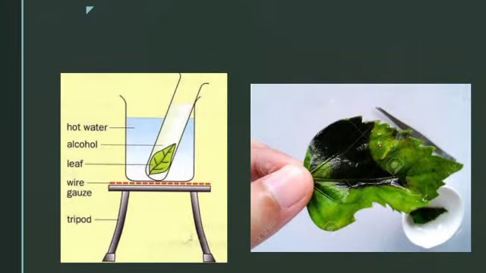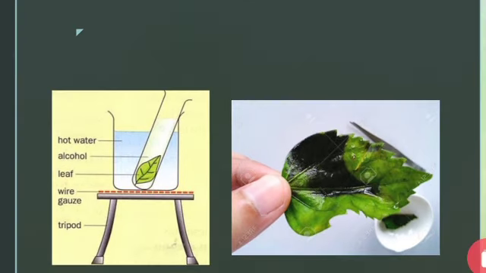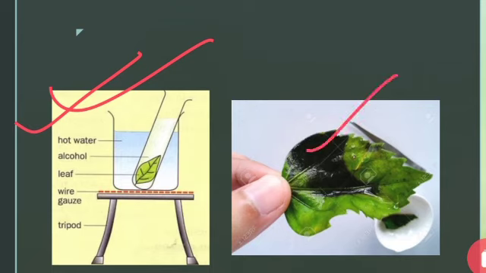So what will we view? As you can see, this is the setup, and the result will be that wherever there is starch, it will turn blue black in color. So the starch, if it is present, will turn blue black.